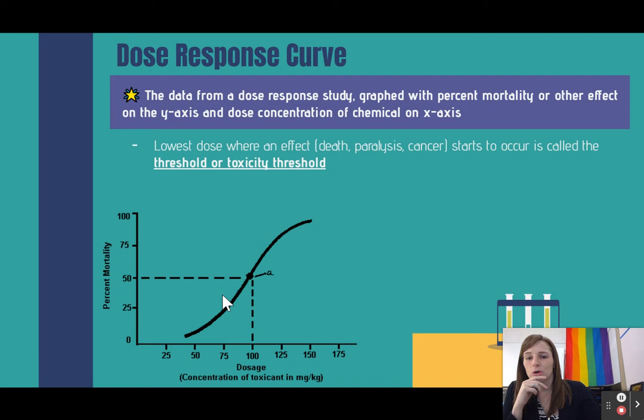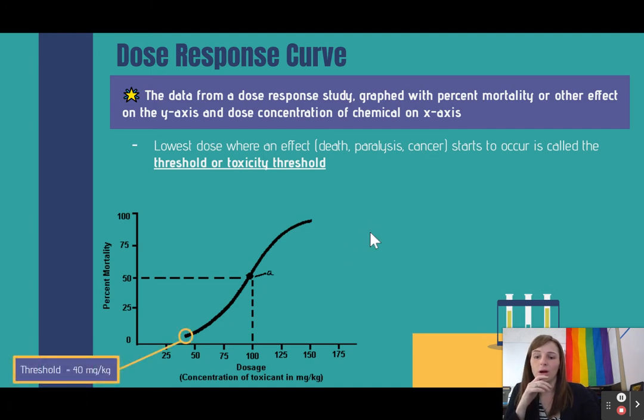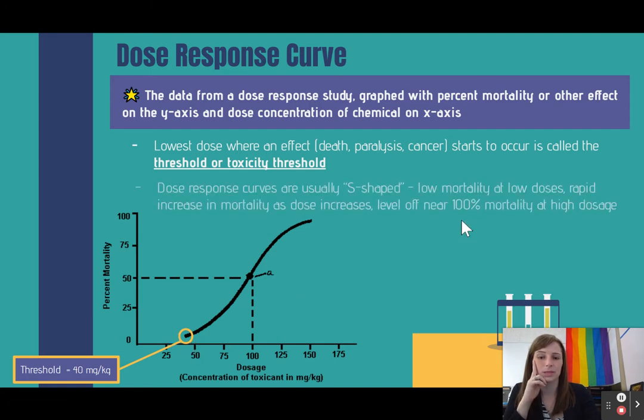The lowest dose where we have any sort of effect is called the threshold, or the toxicity threshold. So we start having some effects down here. On our graph, it's 40 milligrams per kilogram. That right here is your threshold where we start to get some data.